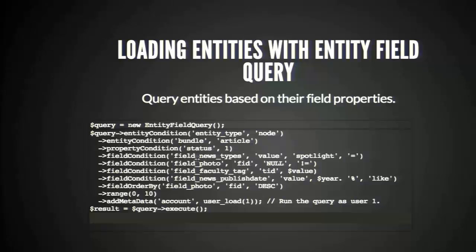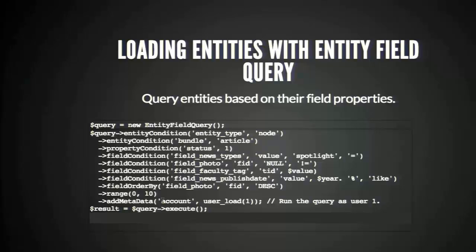Say there's a field called news types with the value of spotlight. It starts filtering by these fields, so it returns the results that you want. Similar to doing a view, but you're doing it in code, and it doesn't use views.